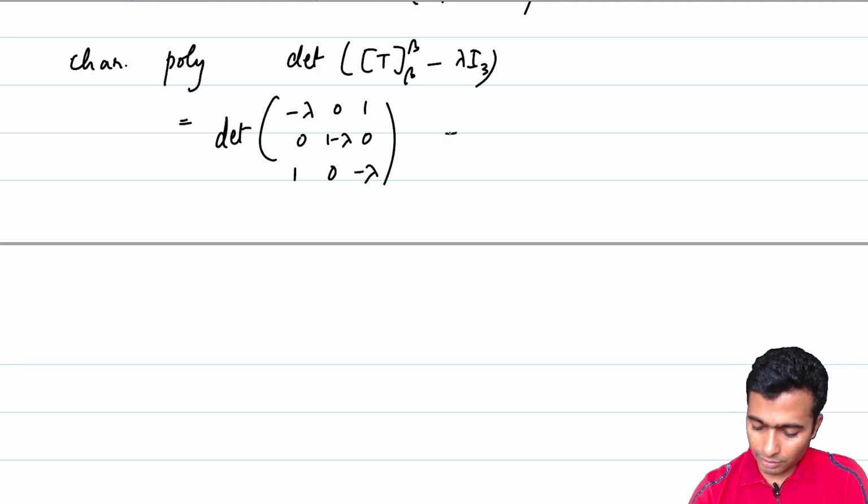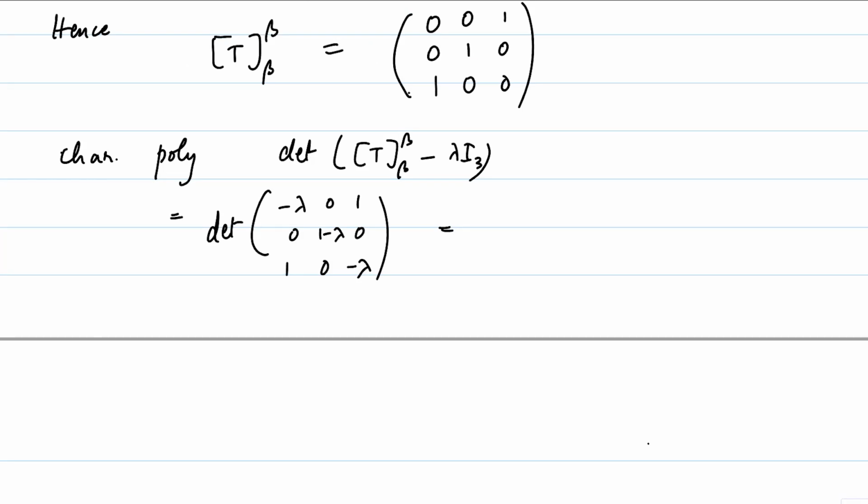The determinant of this matrix is quite straightforward. This is equal to minus lambda into minus lambda, which is lambda square, times 1 minus lambda, plus 1 times minus of 1 minus lambda. So this is basically lambda square minus 1 into 1 minus lambda. So if you look at the roots of the characteristic polynomial, we get the eigenvalues.